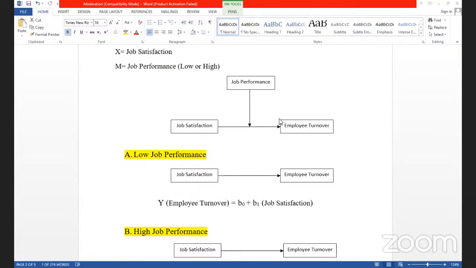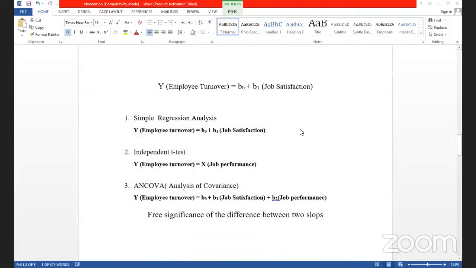So the dependent variable is continuous, the independent variable is categorical. So we will use an independent t test to see whether job performance influences employee turnover or not. And third, we can use ANCOVA, meaning simultaneously we will take job satisfaction and job performance both.